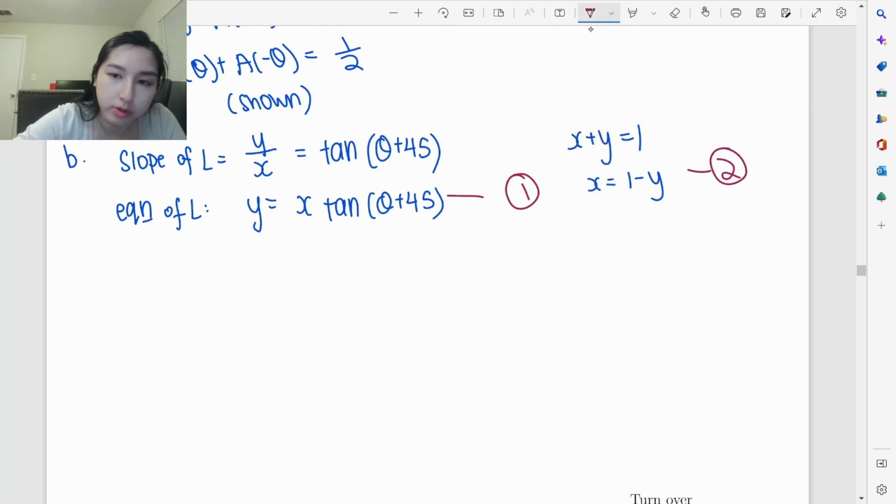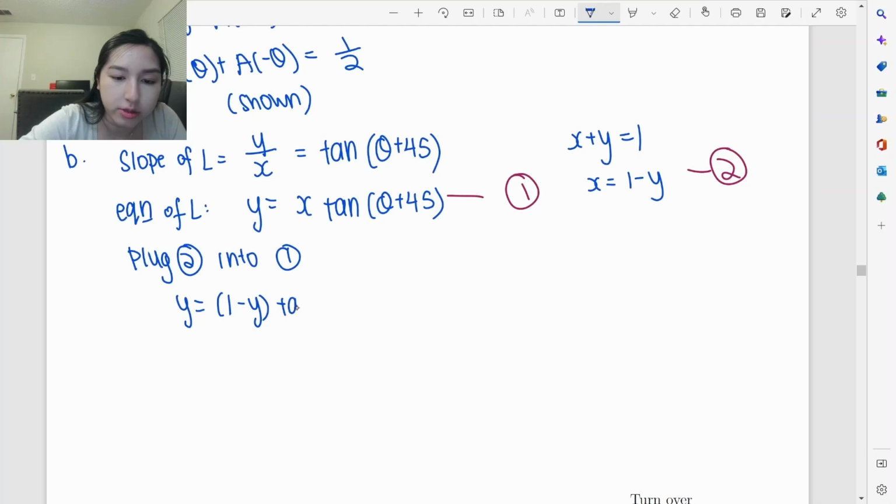Equation 2, we're going to plug into equation 1. y equals (1 minus y) times tangent of theta plus 45.